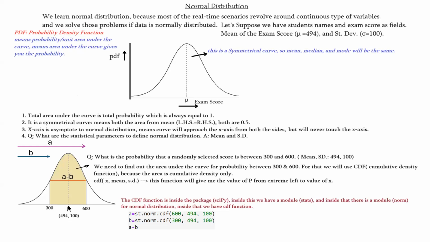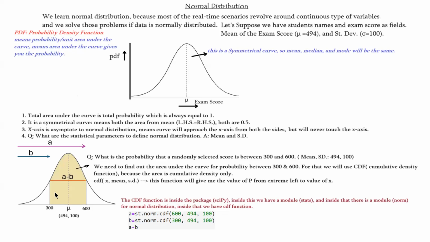As we all know, this center point is our mean and it is 494, and we have to check between 300 and 600. Obviously 300 will be on the left hand side of the mean, because 300 is less than 494, and 600 is greater than 494, so it will be on the right hand side.